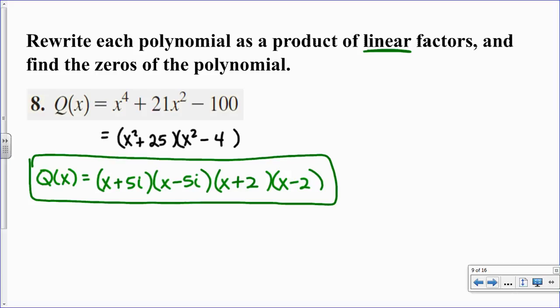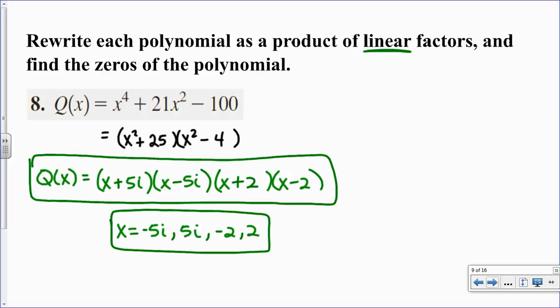No. So you want to find all of them. You're going to include the imaginaries. So negative 5i, positive 5i. Negative 2, positive 2. It's x to the fourth, so there are 4 total zeros. But how many x-intercepts are there? Just 2. Just your negative 2 and 2.